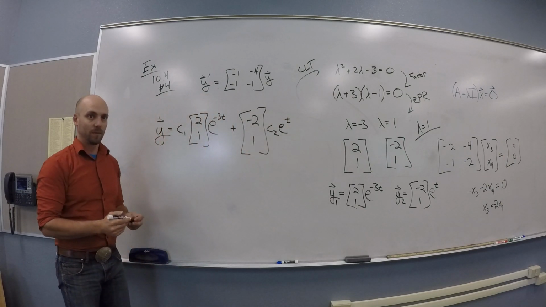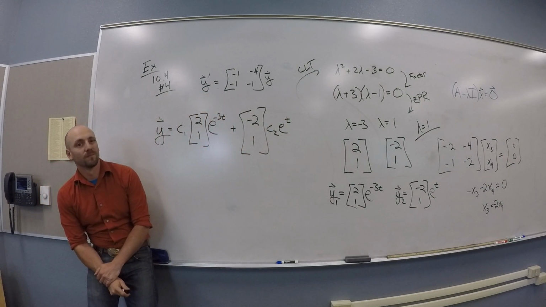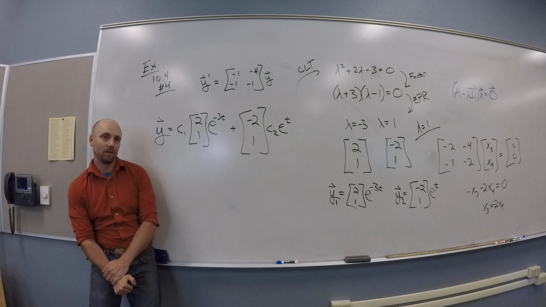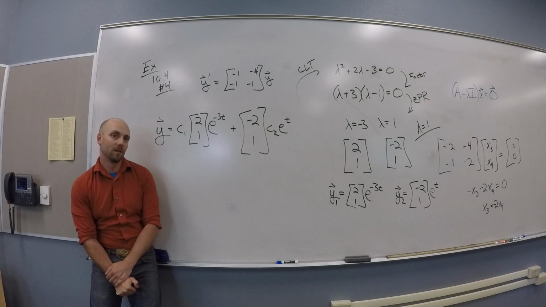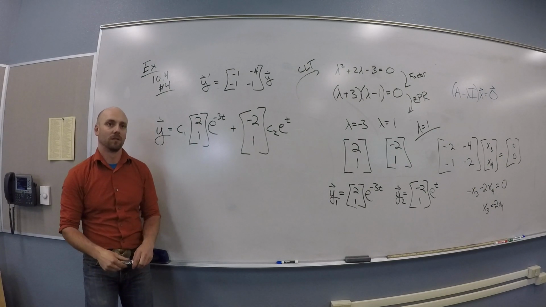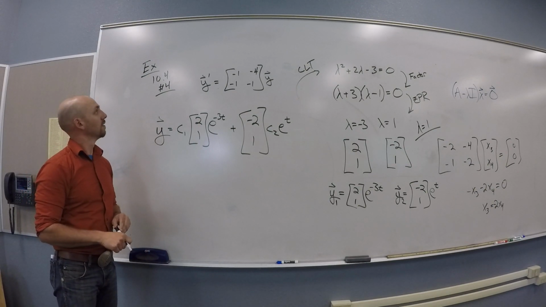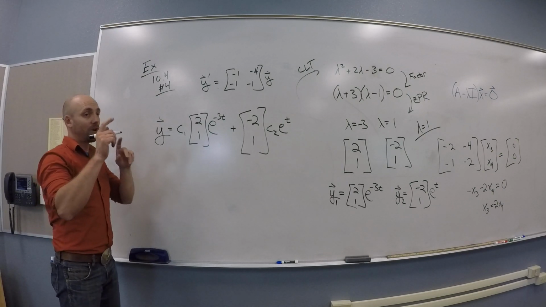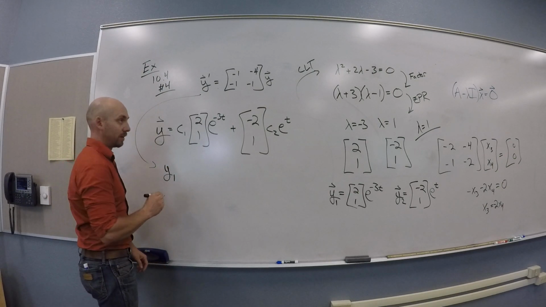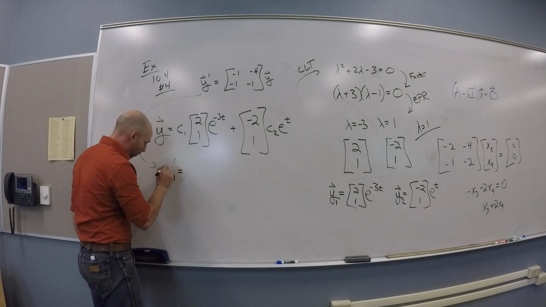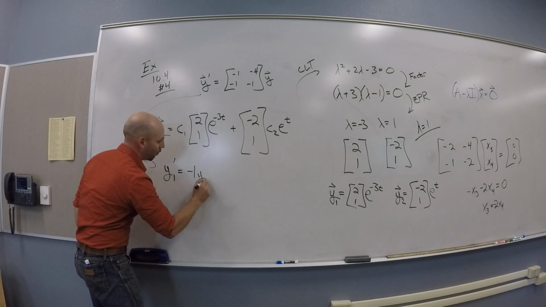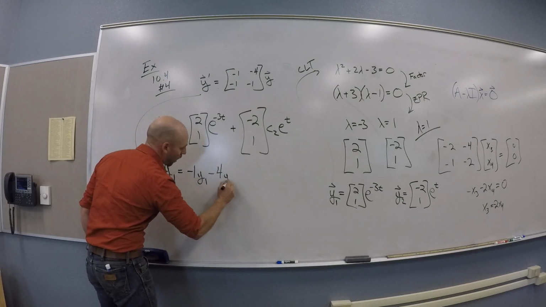Maybe I should have asked this a long time ago. On the starting out, we had the vector y prime. So the first component of that, which is a derivative, equals -1 times something, -4 times something. So y1 prime is very specifically -1 y1 minus 4 y2.